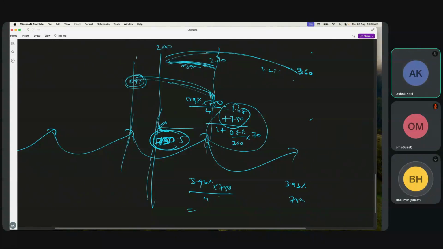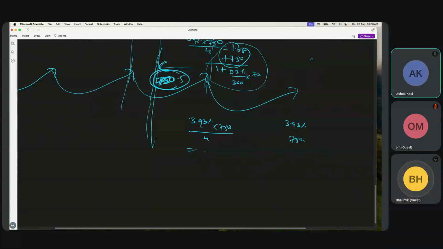How much is that coming to? 7.36. And here also 7.36 plus 750.